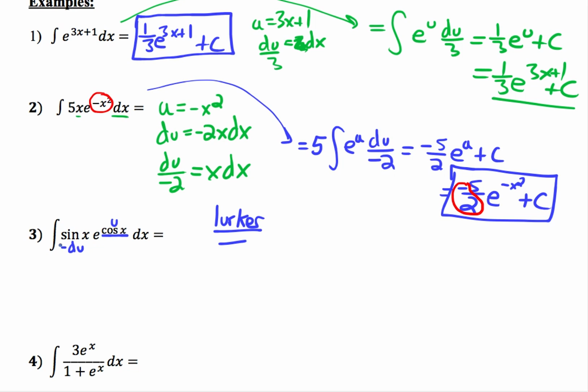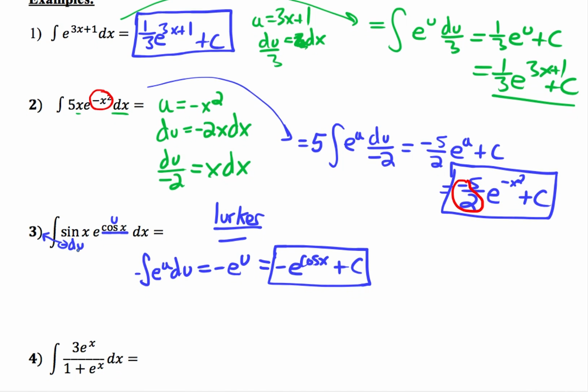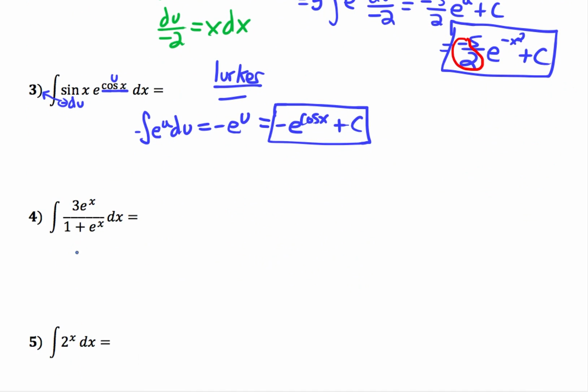So all I need to do is put this negative out in front, and I'm good to go. So this is really just the integral of e to the u times negative du, which is negative e to the u, which is negative e to the cosine of x plus c. I wasn't very formal about my substitution on that one, but hopefully I needn't be by this point.